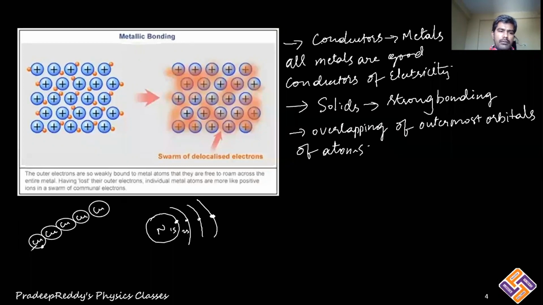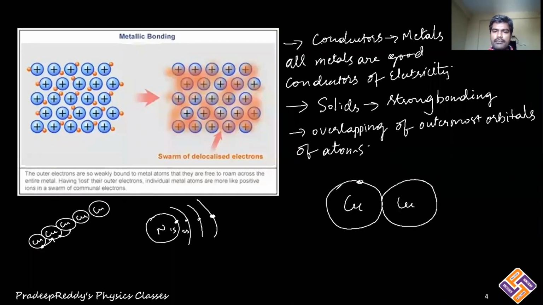Therefore, one electron from the outermost orbital of this copper can readily enter into the outermost orbital of another copper. One electron of this copper atom can overlap with the outermost orbitals of both and can even revolve around the other copper atom, because the energies are equal, as both are copper.